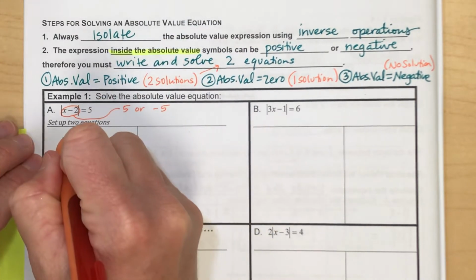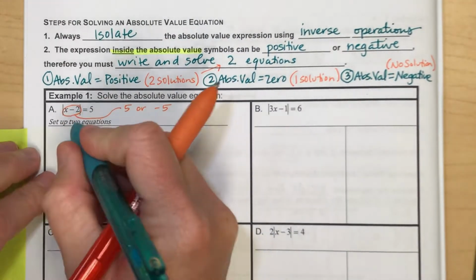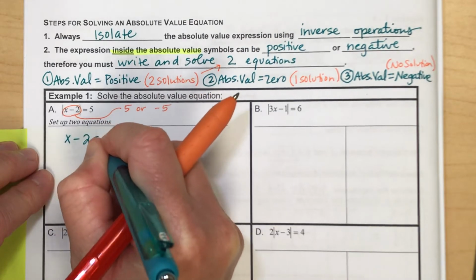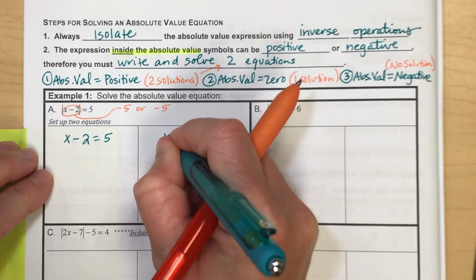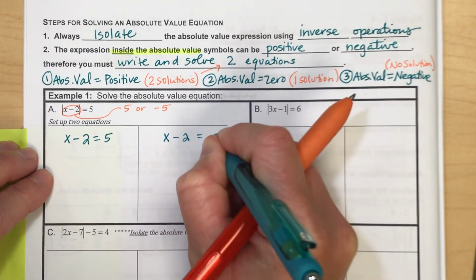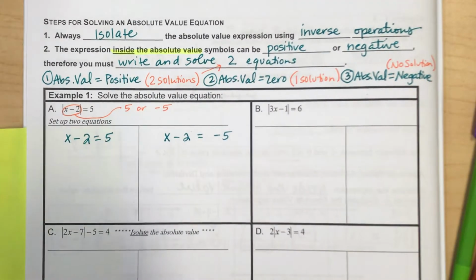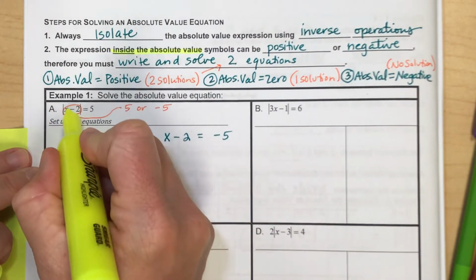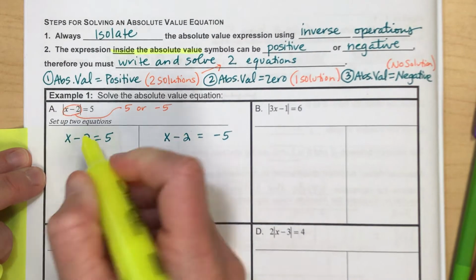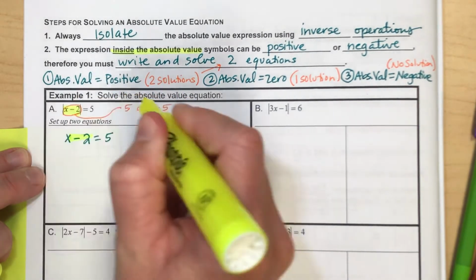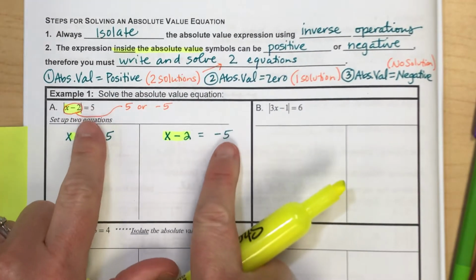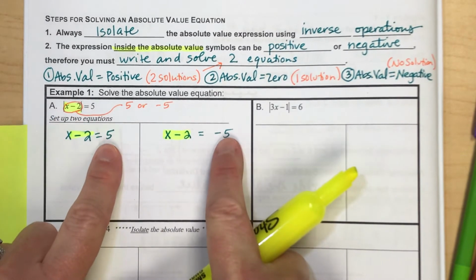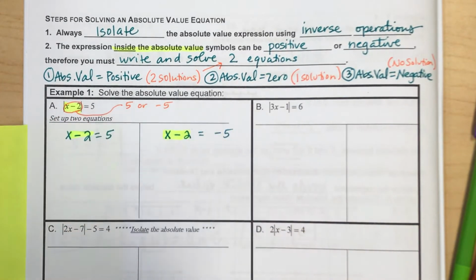So one of my equations will be that x minus 2 is equal to 5, and the other one is that x minus 2 is equal to negative 5.